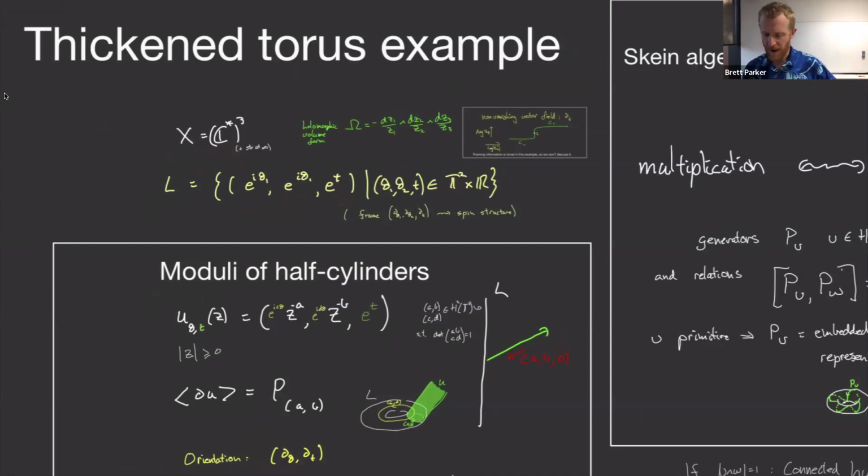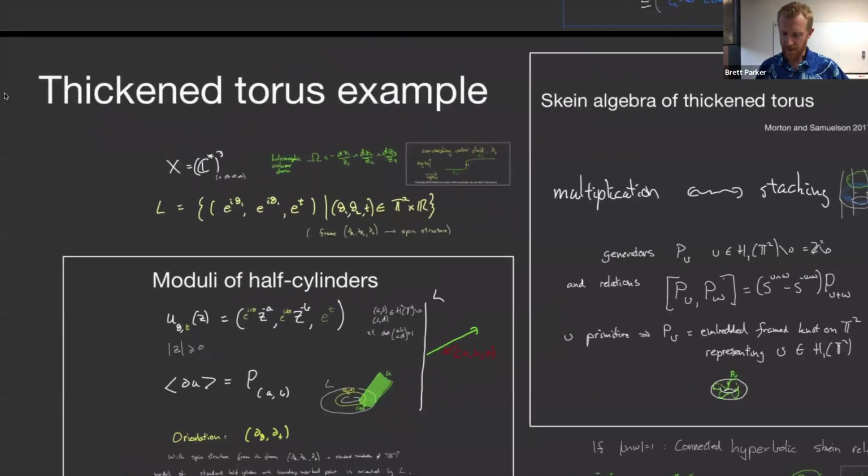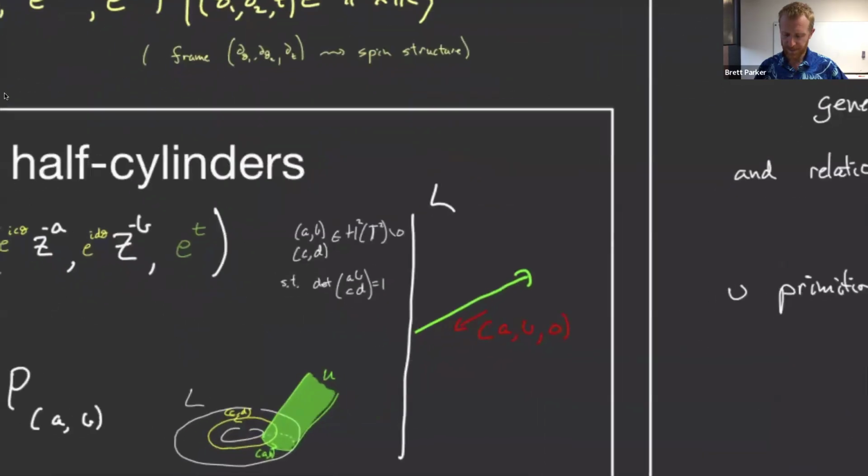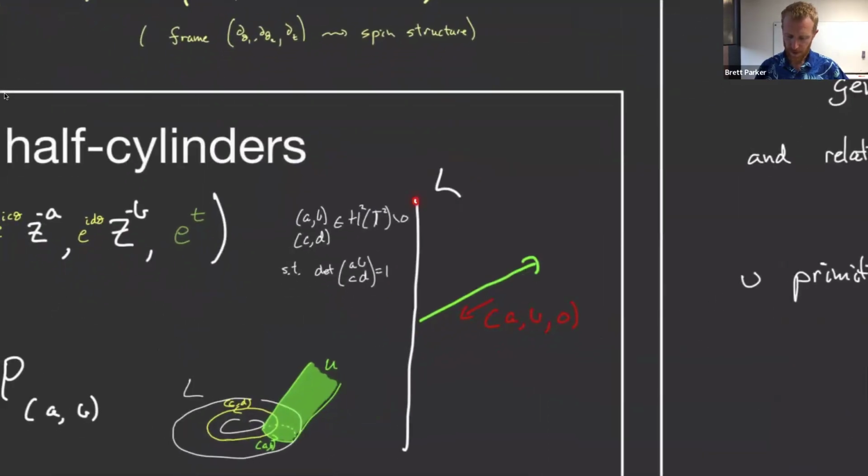When I draw this, the Lagrangian is just going to be a line, where I'm drawing this third line component, and I'm not seeing the two real torus components here.